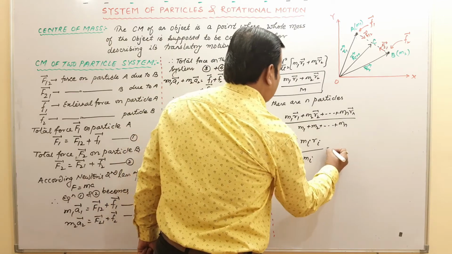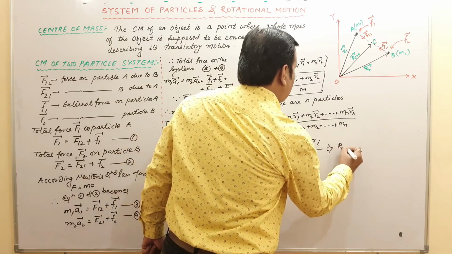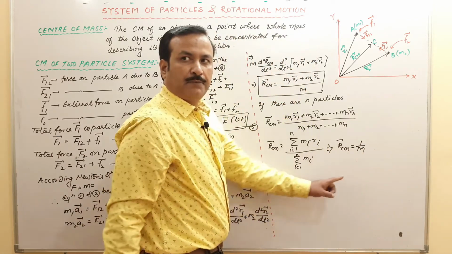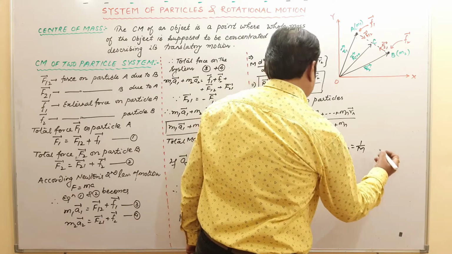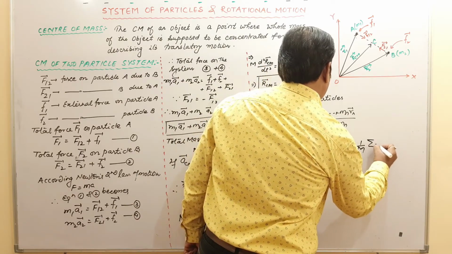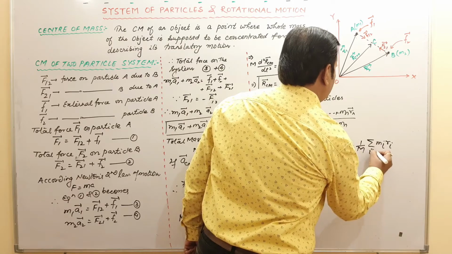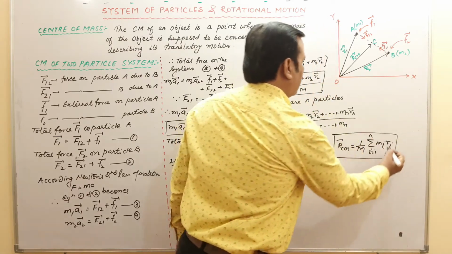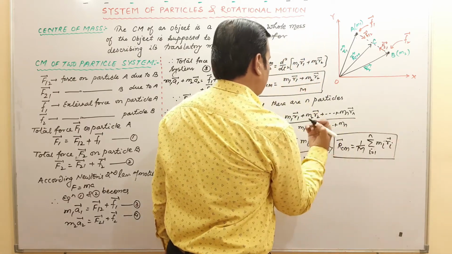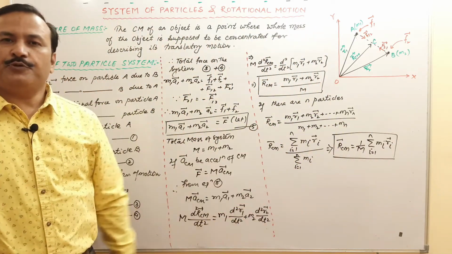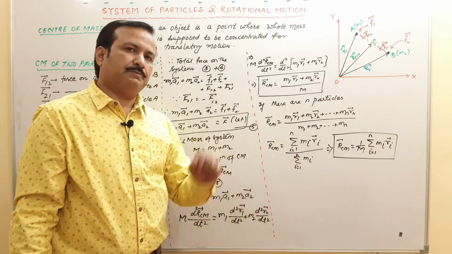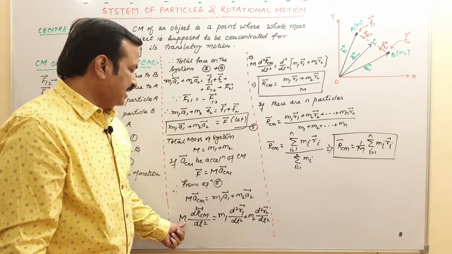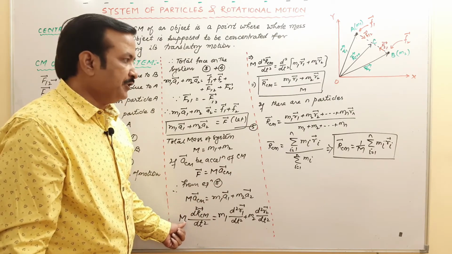It can also be written as RCM equal to 1 by M, since this is nothing but the total mass, sigma mi ri, i equal to 1 to n, right? This is the position vector for an n particle system. So from this to this we have reached by using the concept of differentiation.